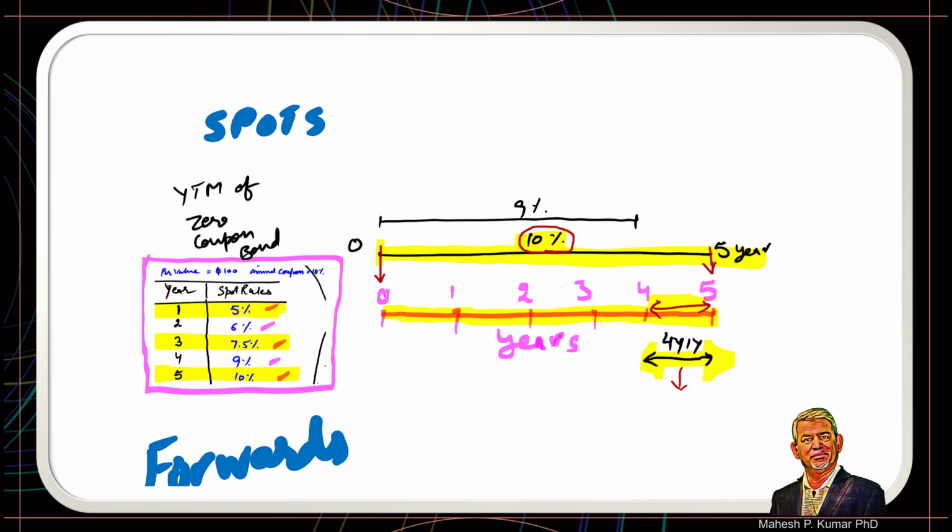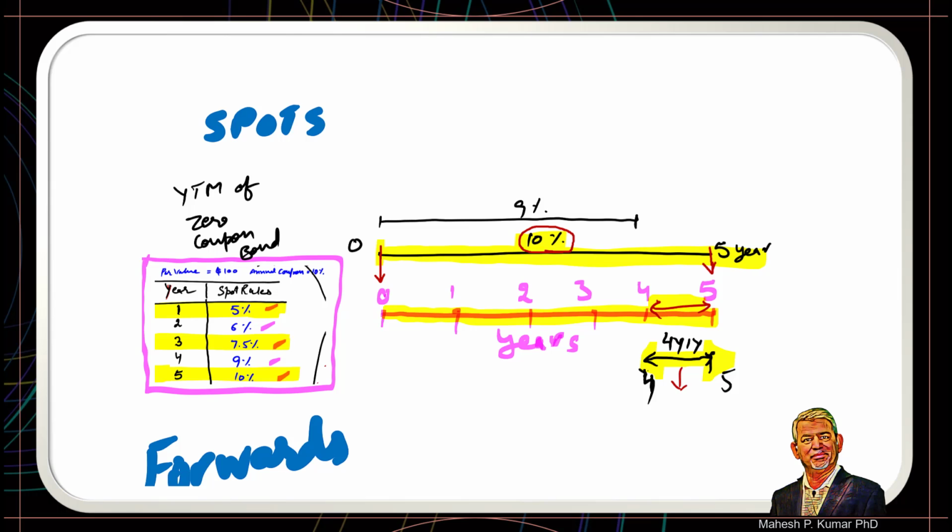How will we calculate it? In order to calculate this, we need information about two facts. We will need the spot rate for the 5th year, and we will also need the spot rate for the 4th year, and then we can calculate the forward rate for 1 year, 4 years from now.